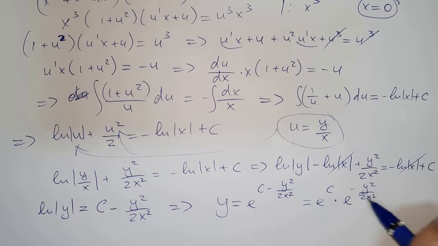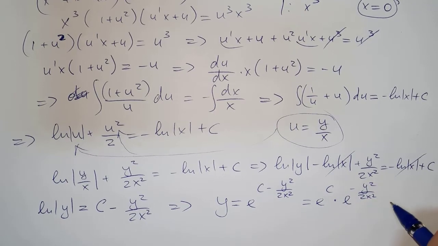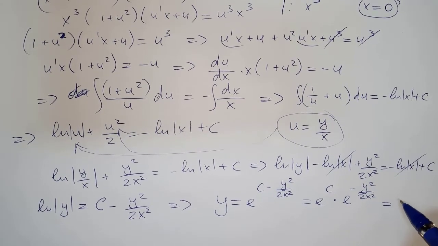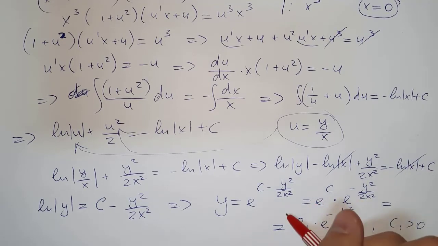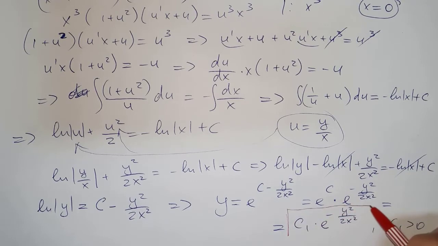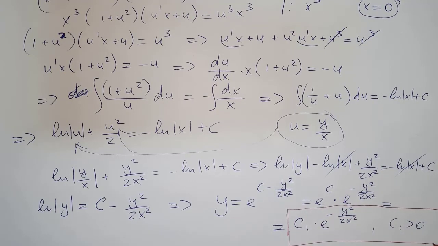However, e the power of c is also constant, so we can substitute e the power of c with any other constant, c1 for example, times e to the power of minus y squared over 2x squared. Of course, c1 is now greater than 0 because this is e to the power of c. And this is the general solution of our equation.